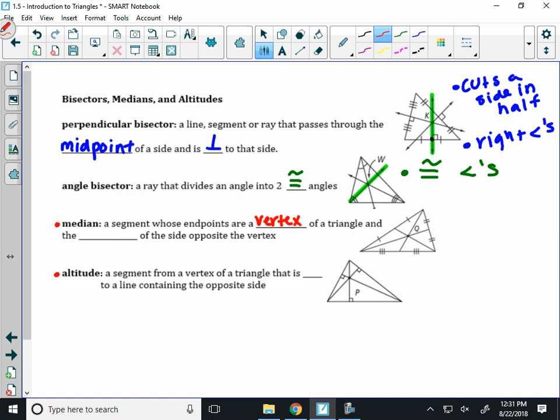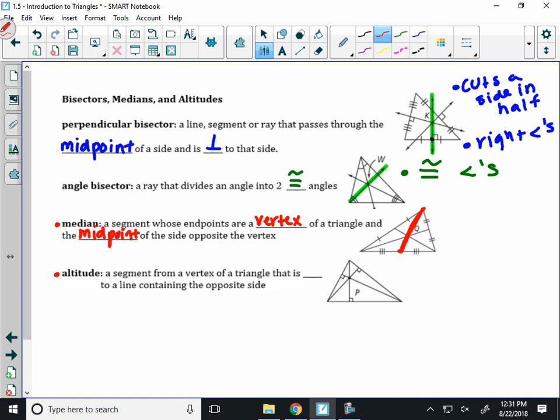Look at the diagram. Here's one endpoint. Got the vertex. And then the other endpoint is the midpoint of the opposite side. So it goes down. Here's the midpoint of the opposite side. Here's the median.